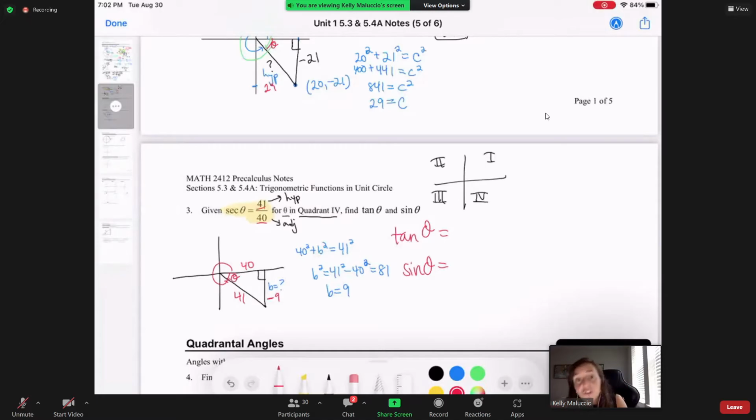So do not forget, I was about to forget it and it would have been wrong. So thank you, German. It is going to be negative 9 here because it's going down. So keep in mind, this is in quadrant 4. That's why those signs that I was doing before, plus, plus, minus, plus, minus, minus, plus, minus, are so important. Isn't cosine positive in the fourth quadrant?